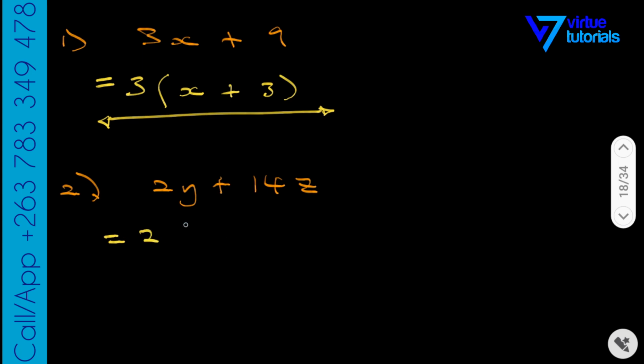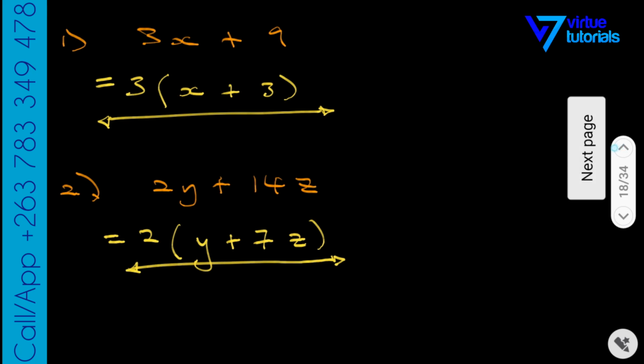It's a 2. If I divide 2y divided by 2, the 2's cancel off, I have a y. If I divide 14z divided by 2, 14 divided by 2 is 7, then I'll get 7z. So this is what 2y plus 14z is like when it's factorized.